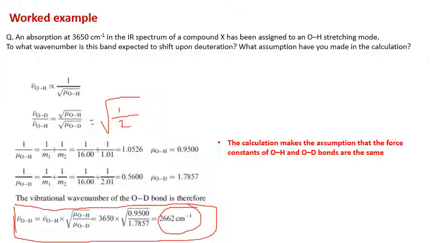The trick is that you are changing hydrogen with mass 1 to deuterium with mass 2, so you can easily calculate this value. If you divide mu OH by mu OD, you will find a value close to this also.